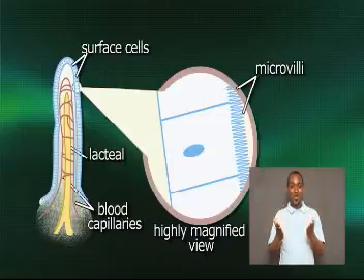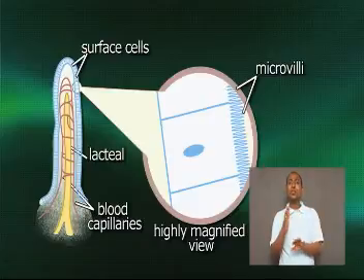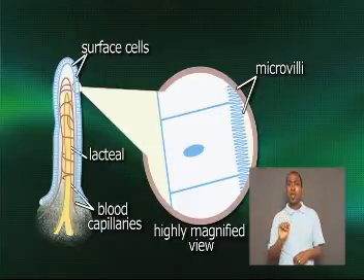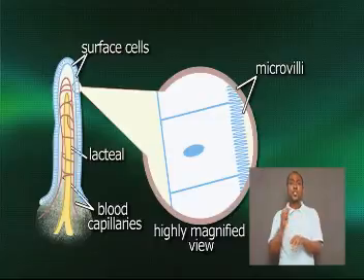Millions of tiny finger-like hairs, called villi, increase the surface area for diffusion. Each villus is covered by an even smaller finger-like hair called a microvillus to enhance the process even more.